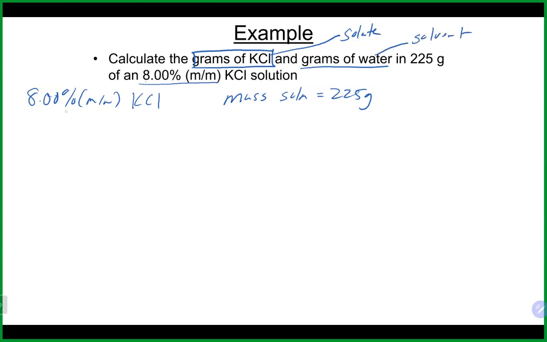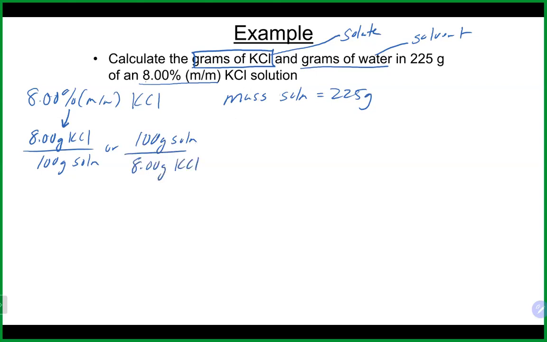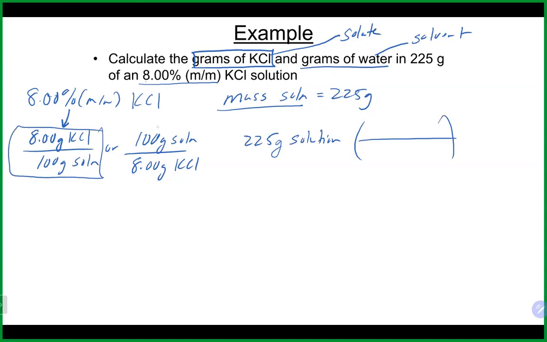So I'm going to take a more dimensional analysis approach. Once again, I'm going to convert this percentage into a conversion factor. That would mean that I have 8 grams of KCl in 100 grams of solution. Since I do have the mass of the solution, which is 225 grams, I'm going to use the conversion factor with solution on the bottom.